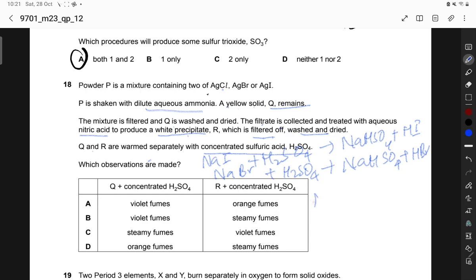So HBr and HI are further oxidized by H2SO4. HI is oxidized by sulfuric acid, and so is HBr.